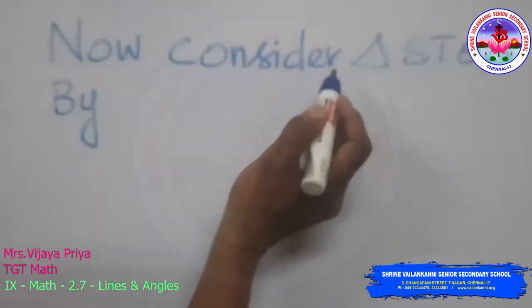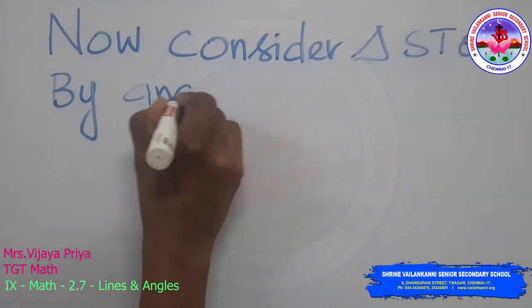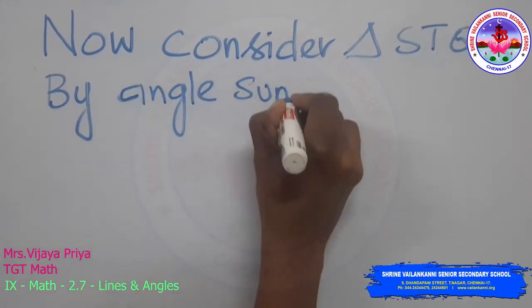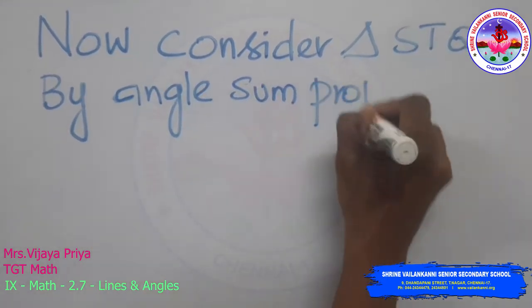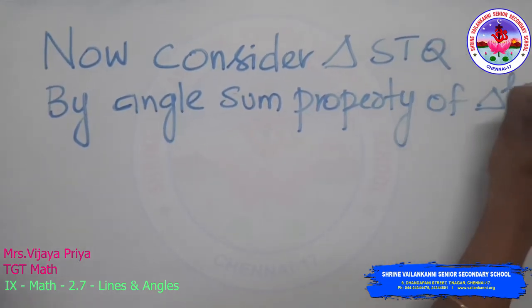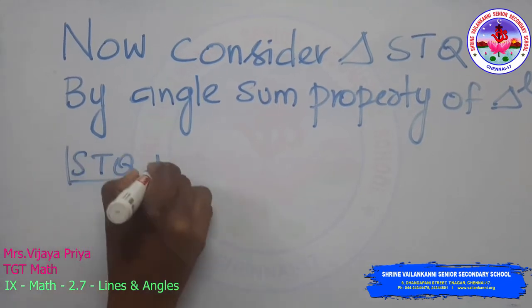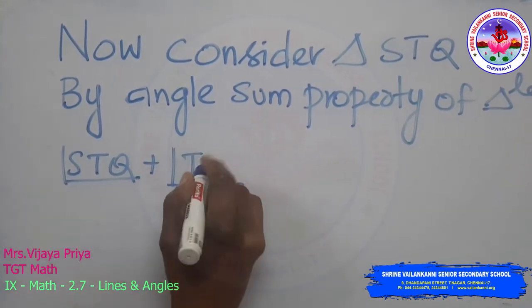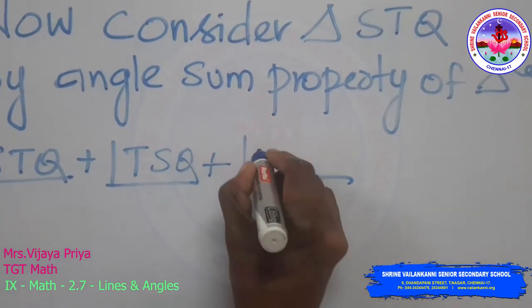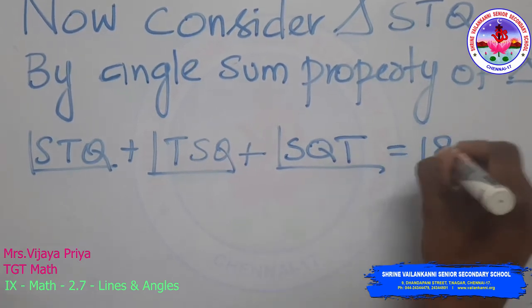Now consider triangle STQ. By angle sum property of a triangle, we get angle STQ plus angle TSQ plus angle SQT, which is equal to 180.